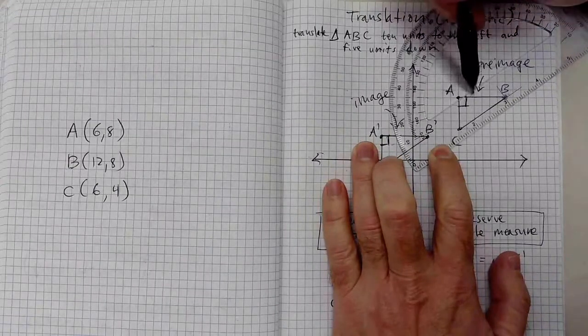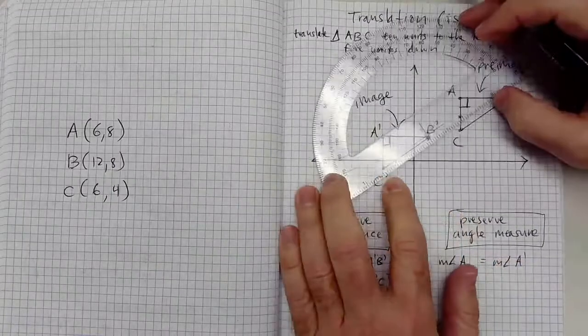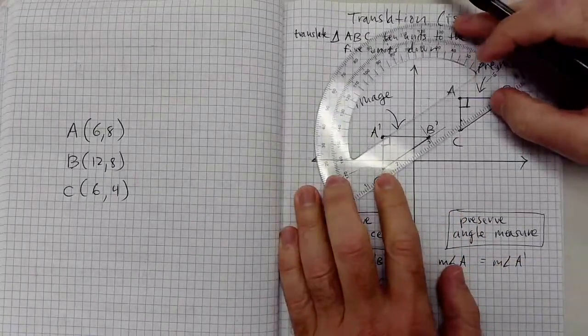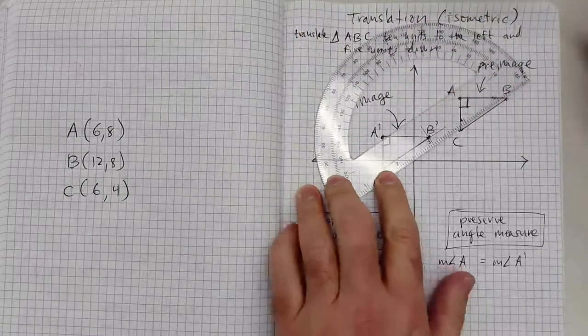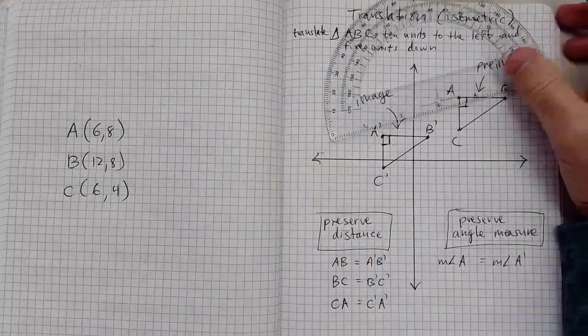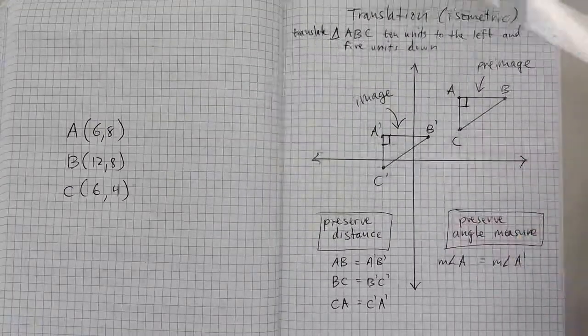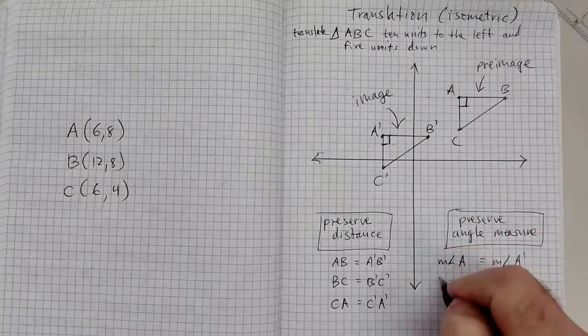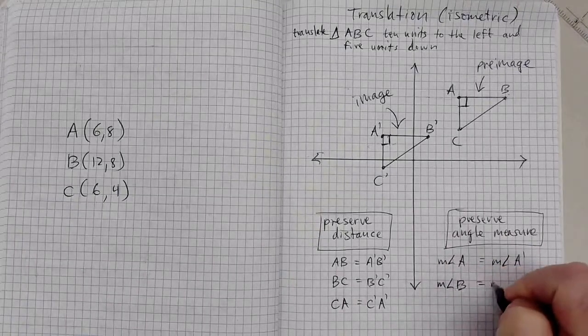So angle B is just about 35 degrees. And I can check angle B prime. And miracle of all miracles, I get just about 35 degrees again. Remember, that's not an exact measurement because I'm using my protractor, but I can assume that they're close enough that probably the measure of angle B is equal to the measure of angle B prime.